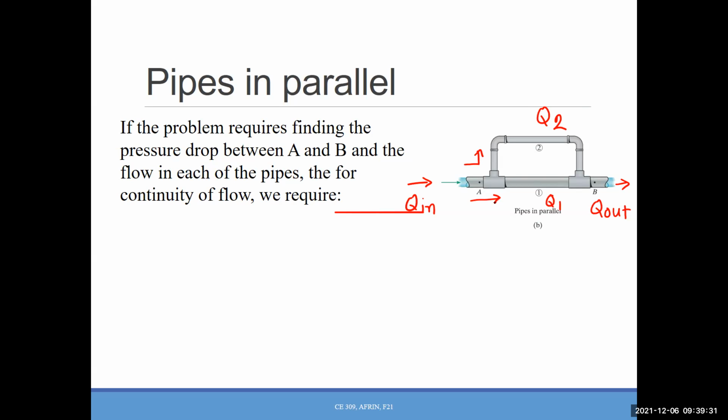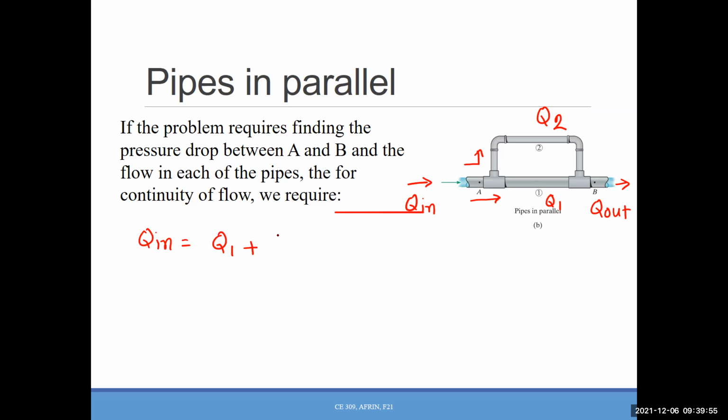So what will be? It will be half. Yes, that is the correct answer. If you say that it will be divided into two parts, that will be the correct answer, because I don't know the diameter and the velocity.